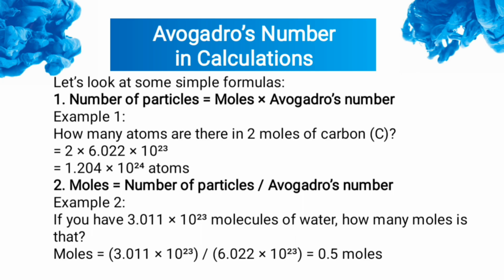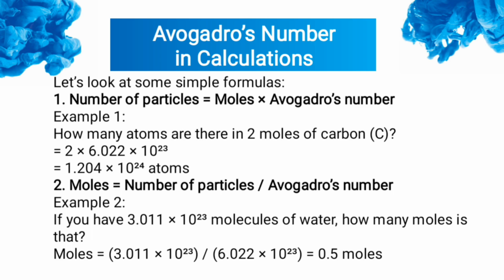And the second one is: moles is equal to number of particles divided by Avogadro's number. Example: if you have 3.011 multiplied by 10 raised to the power 23 molecules of water, how many moles is that?